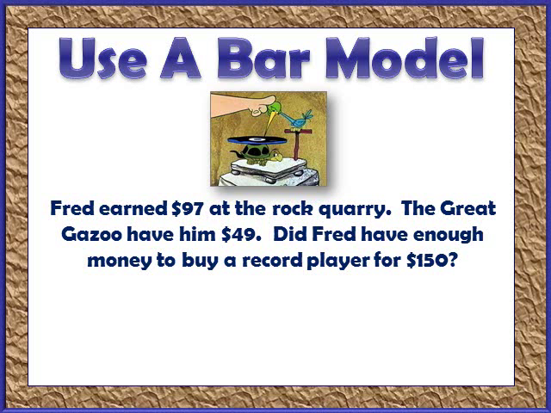One strategy that I typically focus on for developing addition and subtraction fact fluency at higher grades, maybe third grade for example, and with second later in the year as well, is to use bar models, which is more of a Singapore math type of method. Let's take a look at how this could look. The problem says Fred earned $97 at the rock quarry.